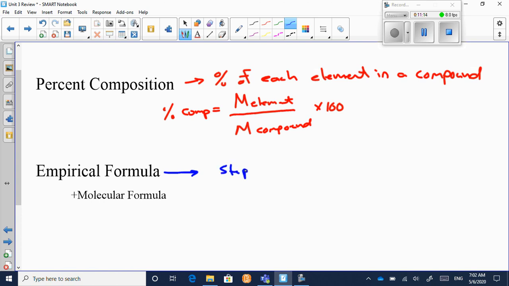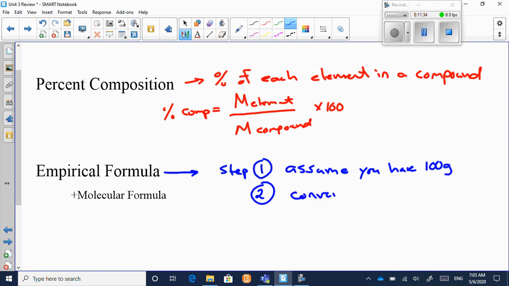Step number 1 of finding the empirical formula was to assume you have 100 grams. Step number 2 is to convert all of the little masses that you just created in step 1 from mass to moles, using little n is equal to little m over capital M.